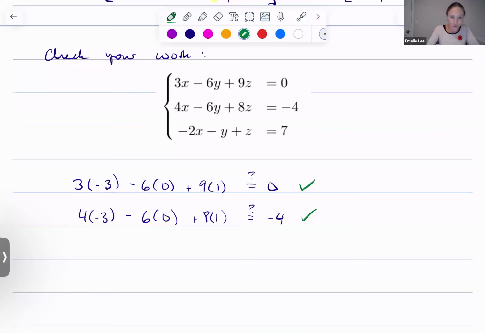Let me guess, it's going to work. Yes, of course it is, because we did it right. -2 times -3 minus 0 plus 1. Does it equal 7? -2 times -3 makes 6, plus 1 is 7. What a relief. So it works. All right.